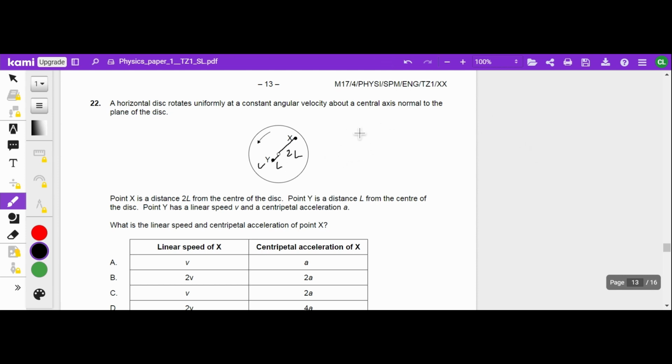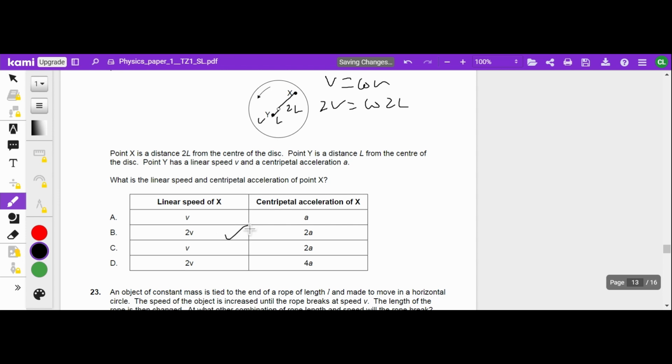Well, we use v equals omega r, and if the length is twice, that means the velocity is also twice, so it's just 2v. So this and this.